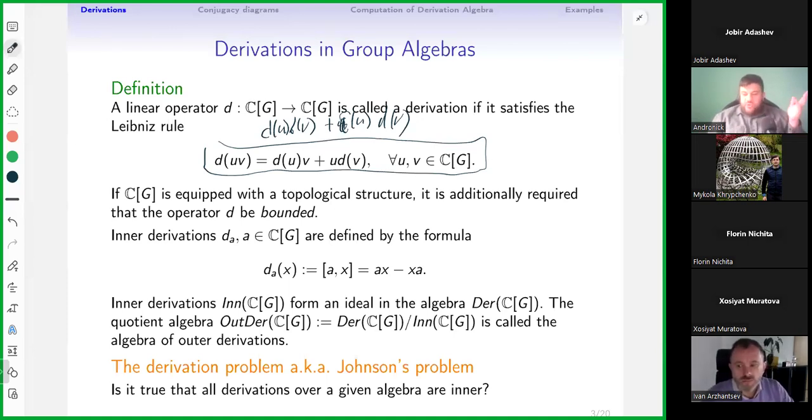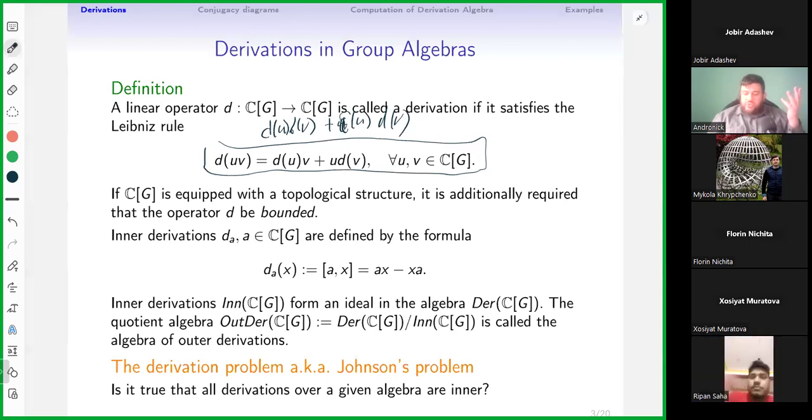But we will take the Leibniz rule because it is the easiest case. And again, I will say that you can generalize this construction to some other cases, and this will be discussed at the end.